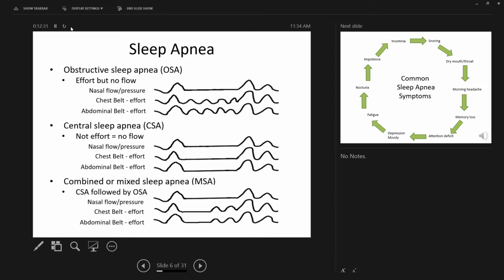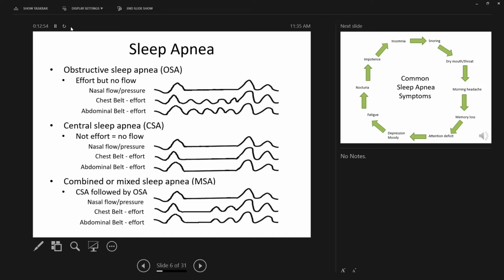And then there's a combined or mixed sleep apnea, and it almost follows this particular order. We will see central sleep apnea followed by obstructive sleep apnea. So if we look at the nasal flow or pressure waveform, you could see that there's no flow. The flat line is there.